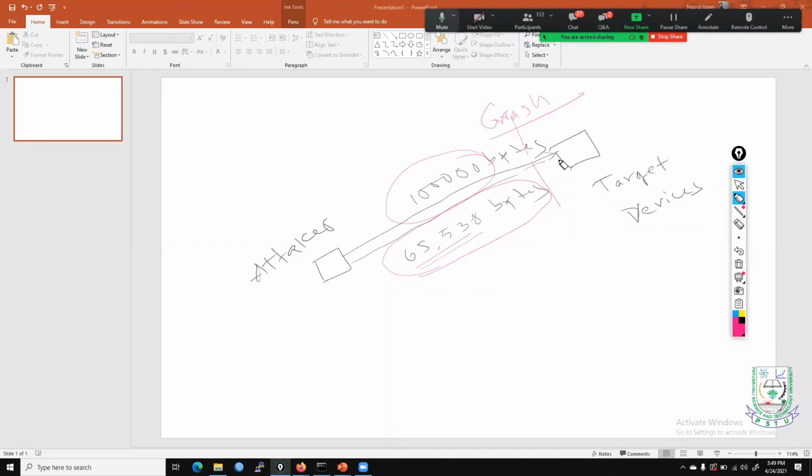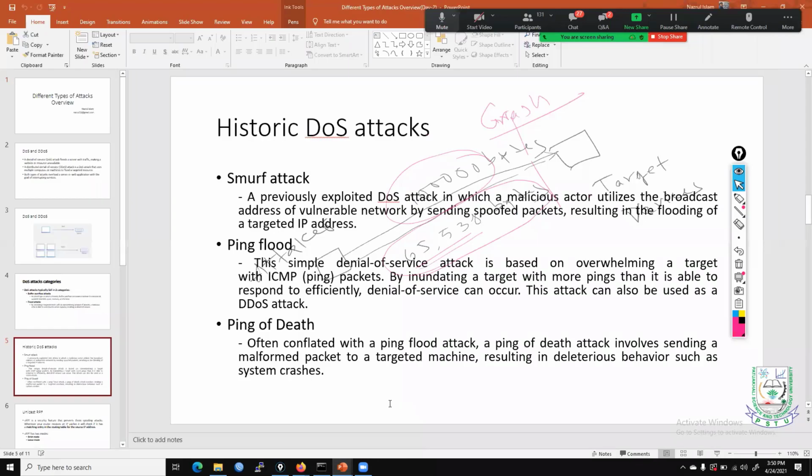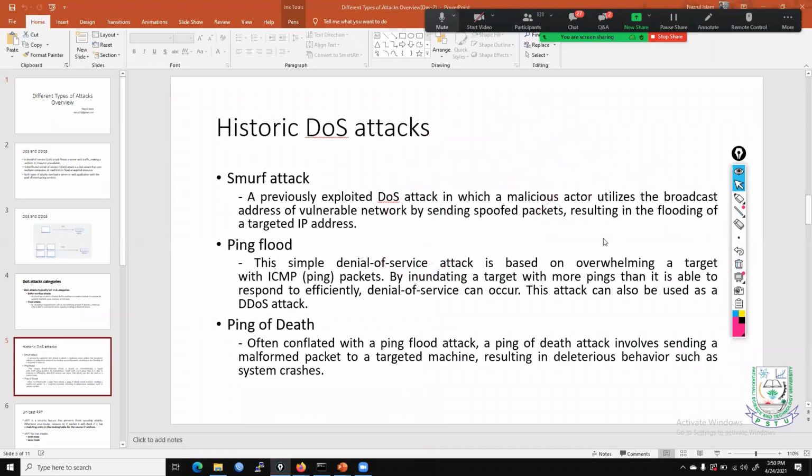We can also follow best practice measures for the network devices. So this is the ping of death attack, and in this way we can mitigate this attack in our network.